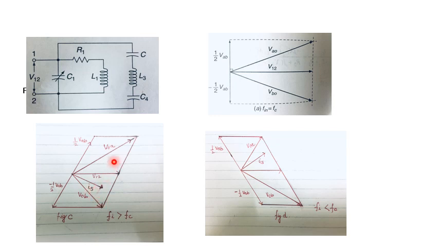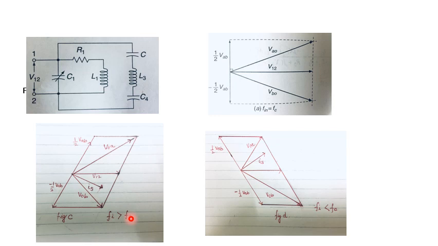Hence the voltage across the load resistor R3 will be greater, and the voltage produced across the load resistor R4 will be smaller. Since the output voltage is the voltage across R3 minus the voltage across R4, for frequency Fi greater than resonant frequency Fc, the output voltage is positive.